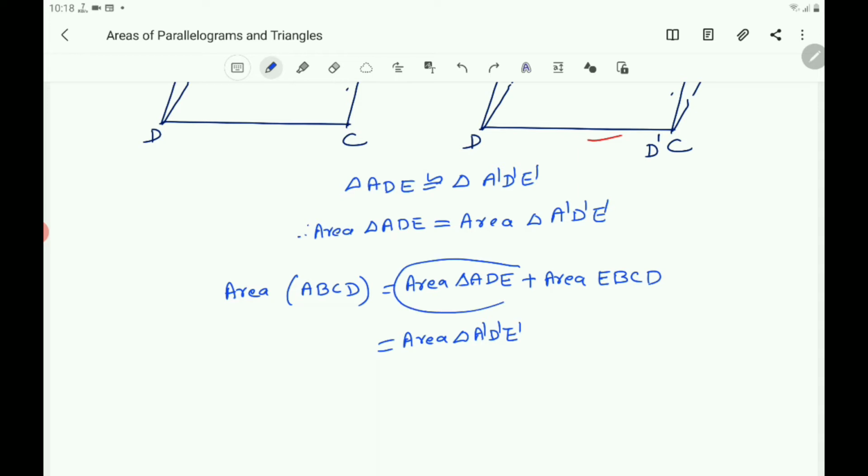Plus, this is common, so you write it as it is, area of quadrilateral EBCD, which is the common part.